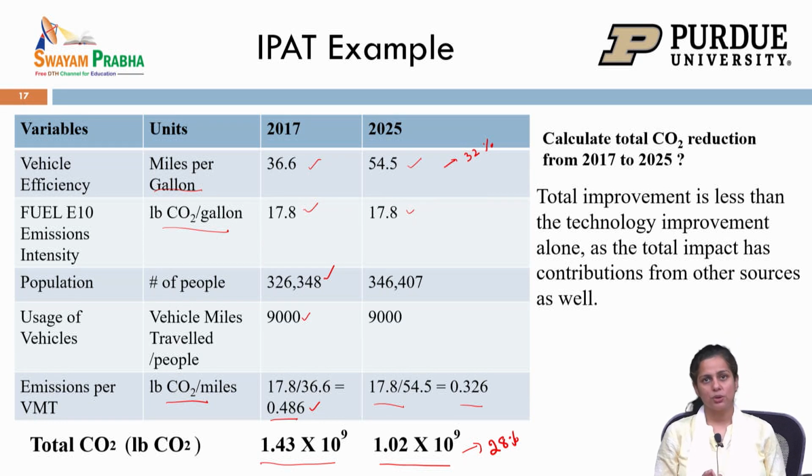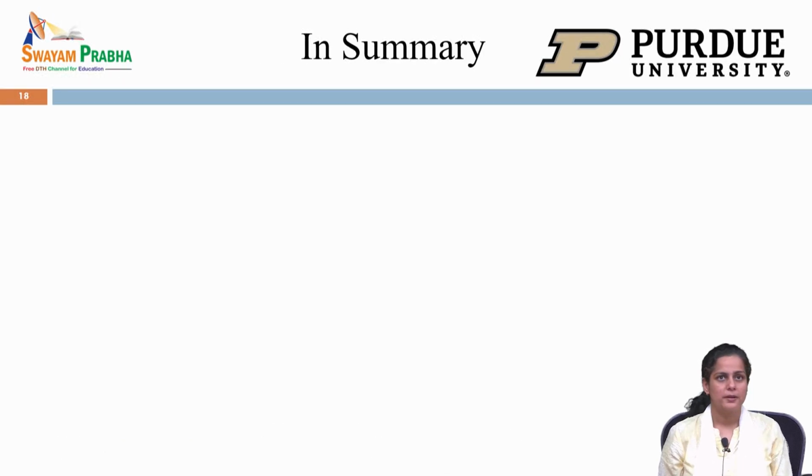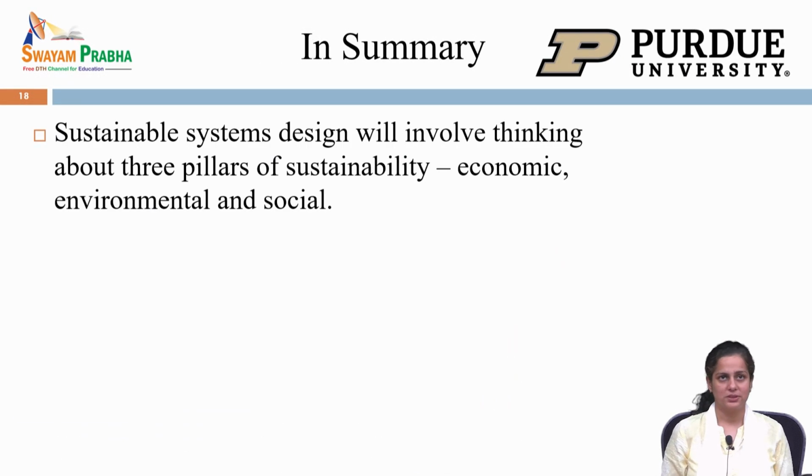So what IPAT shows is that improving on just one pillar of the sustainability equation does not lead to the intended impact. We need to consider all of those aspects. In summary, sustainable systems design involves thinking about three pillars of sustainability: economic, environmental and social.